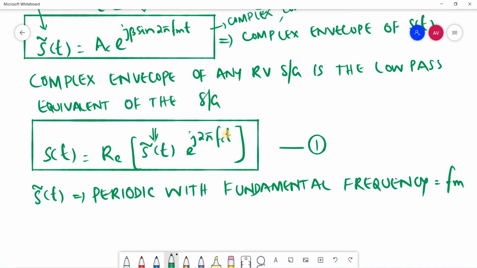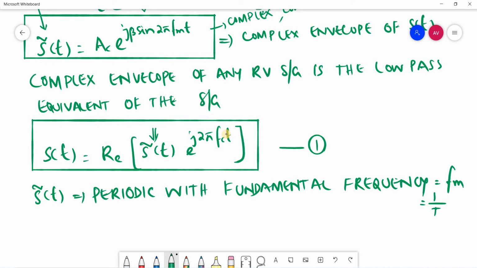It is evident from the expression: if you expand e power j beta sine 2 pi Fm t as cos of beta sine 2 pi Fm t plus j sine of beta sine 2 pi Fm t, we get a sinusoid whose frequency is Fm. So s tilde of t is a periodic function with fundamental frequency Fm, which is 1 by the fundamental time period.